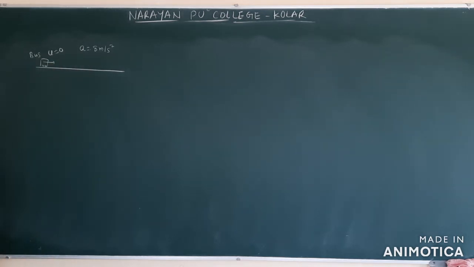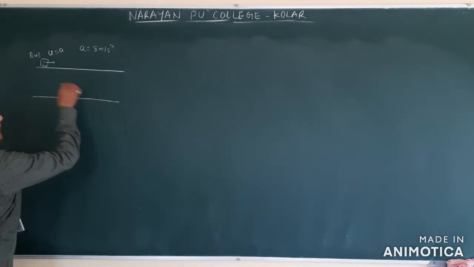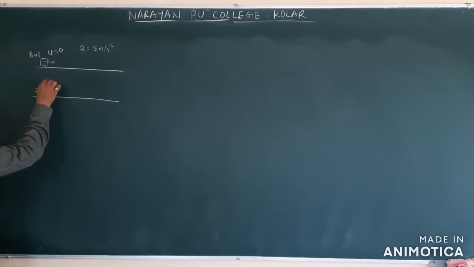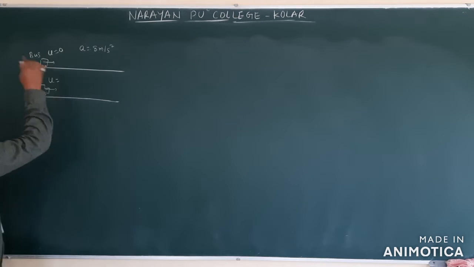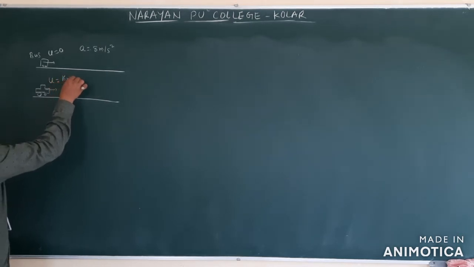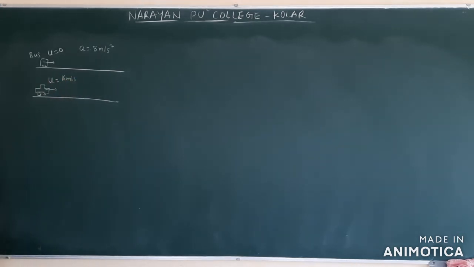At the same time they give a car traveling with a constant velocity. It will follow this side. The car has an initial speed of 16 meter per second, traveling with constant velocity.